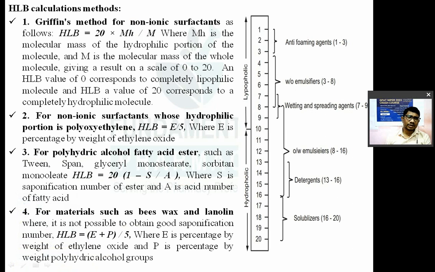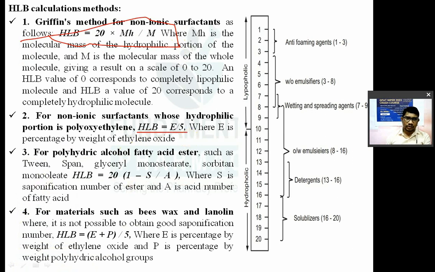So remember, the Griffin method formula is HLB is equal to 20 into Mh divided by M. For a non-ionic surfactant having a hydrophilic portion of polyoxyethylene, HLB is equal to E divided by 5.